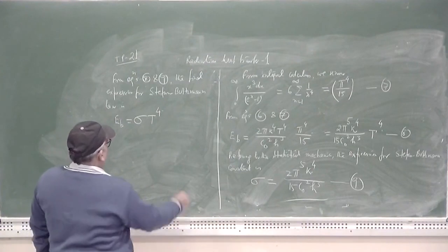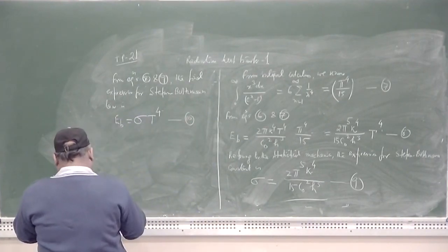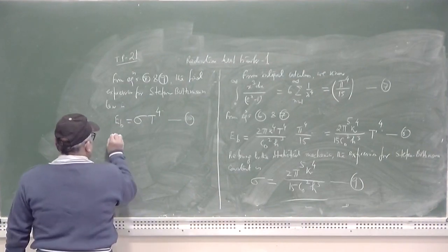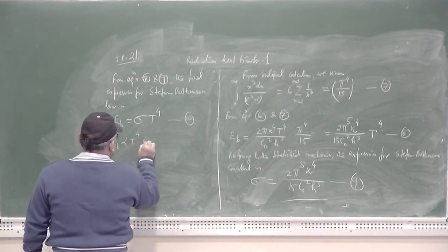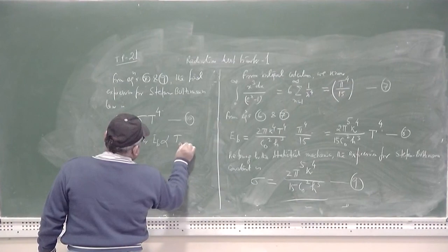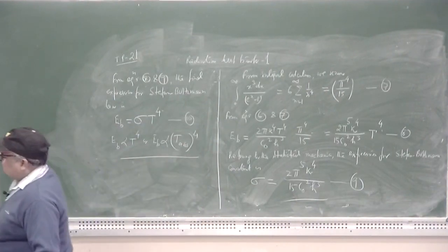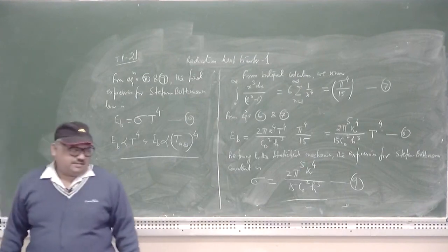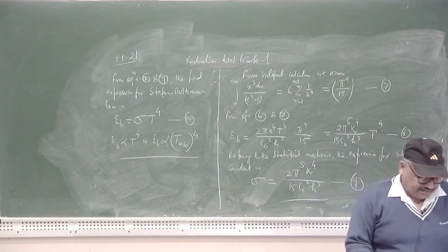This is your Stefan-Boltzmann law, or you can say EB is proportional to T, measured on the absolute scale, raised to the power 4. This is all about the Stefan-Boltzmann law and its derivation on the basis of Planck's law of radiation.